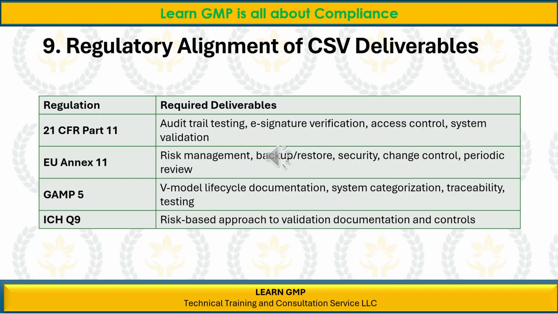Regulation: GAMP 5. Required deliverables: V-model lifecycle documentation, system categorization, traceability, testing. Regulation: ICH Q9. Required deliverables: Risk-based approach to validation documentation and controls.